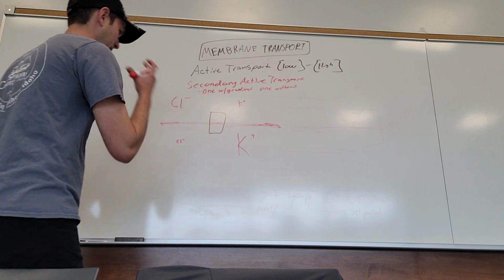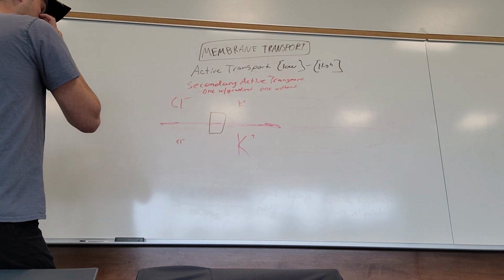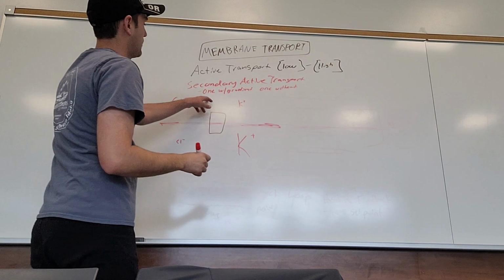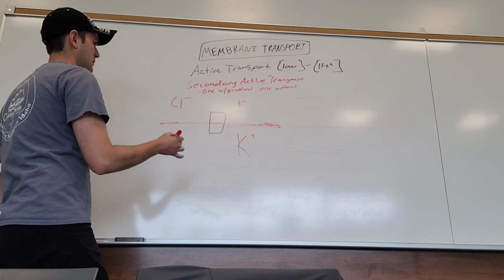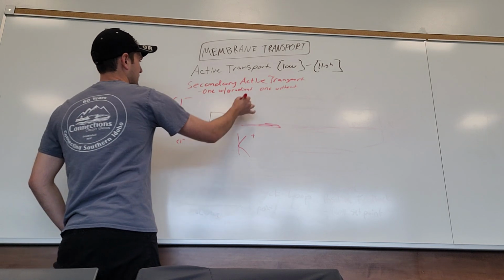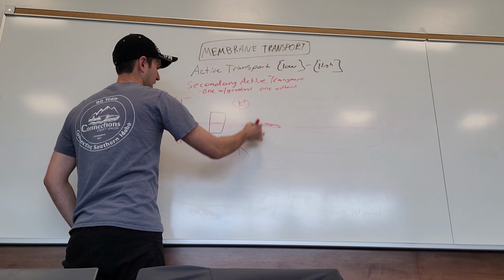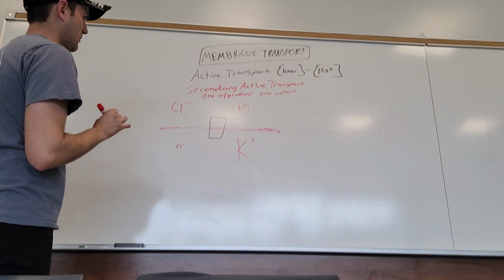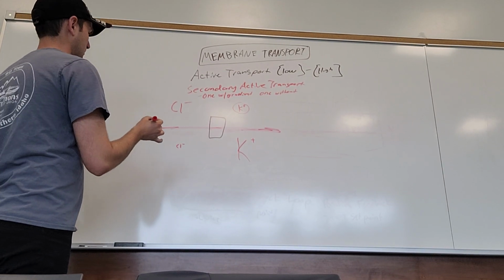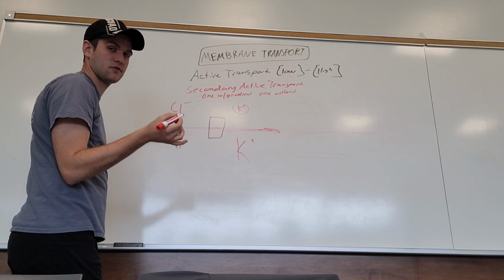Just an example, okay? So what we're going to want is first we need one gradient. Let's say our end goal is we want to move some potassium inside the cell. So to do that we're going to need a high to low concentration gradient.